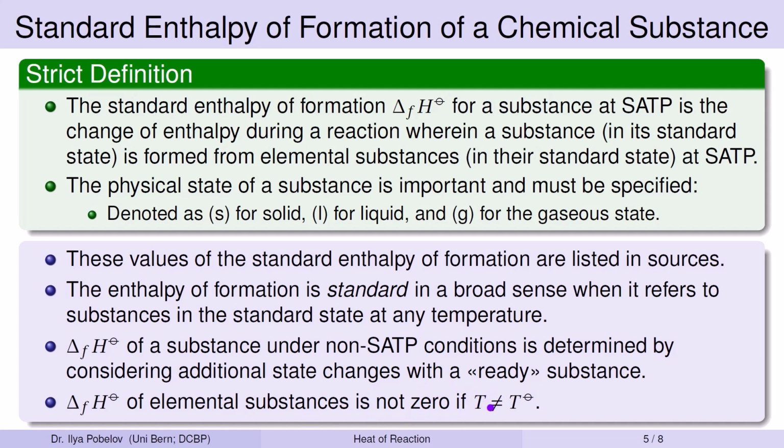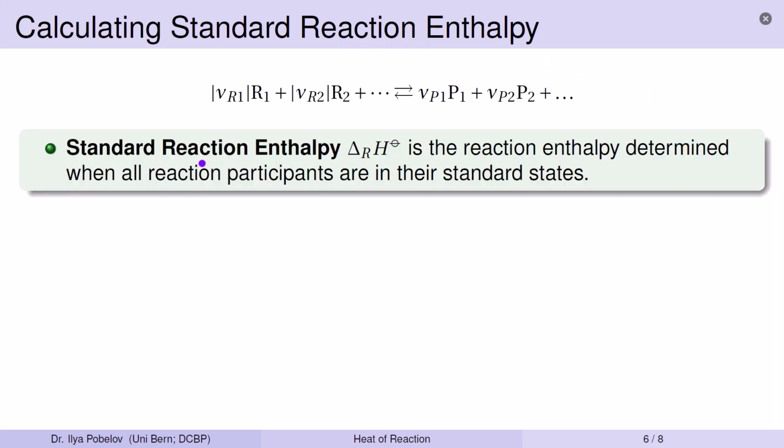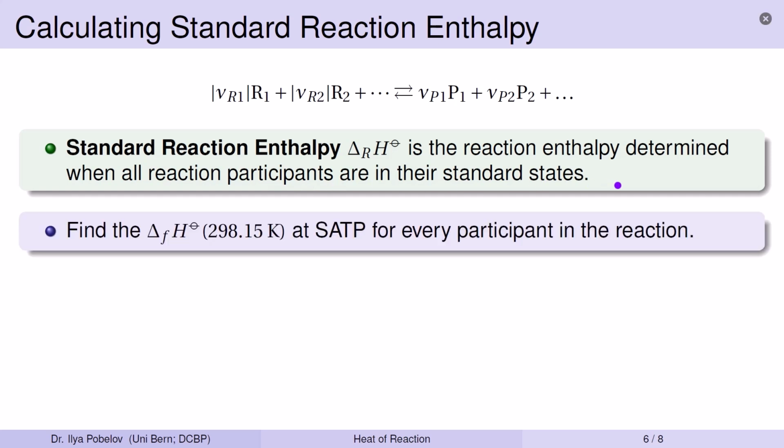How can we calculate the reaction enthalpy, specifically standard reaction enthalpy? The term standard reaction enthalpy, delta RH standard, describes the reaction enthalpy determined when all reaction participants are in their standard states.